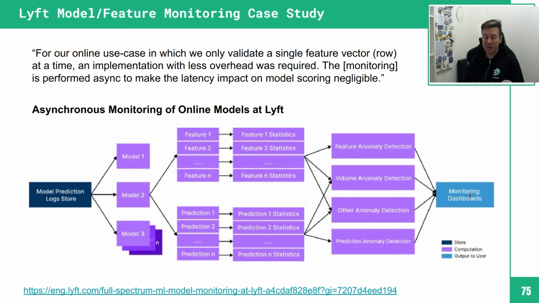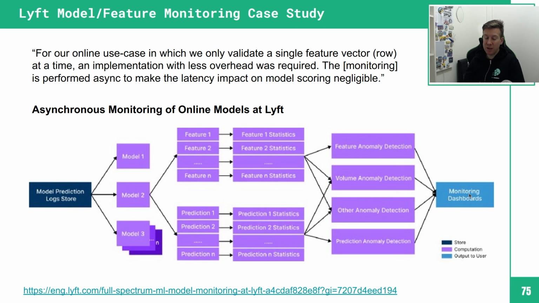In their case, they said, for our online use case, in which we only validate a single feature vector at a time, an implementation with less overhead was required. What that means is that when they make an individual prediction, maybe related to, for example, how long it's going to take to arrive at a passenger, they have these input features and they validate that single row or feature vector at a time.